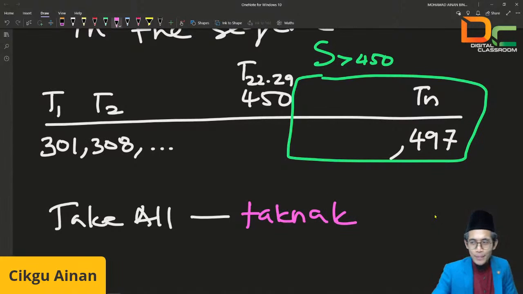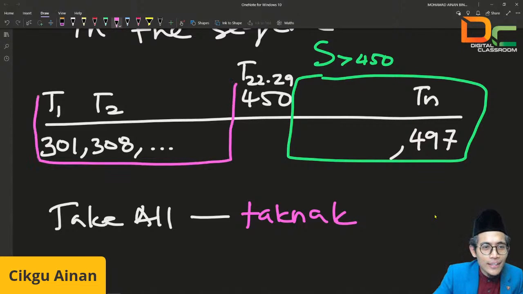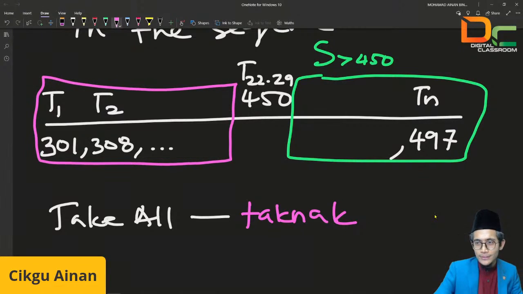Tak nak is this one. Now you see this is the tak nak one, but we don't know the number of Tn over here. So we have to come up with the number. This one also we have to come up with the number. Berapa ni?